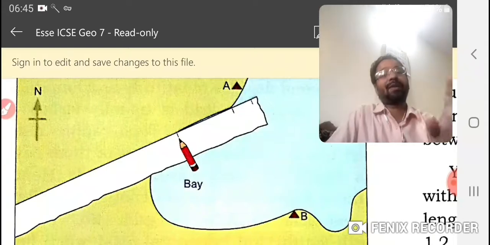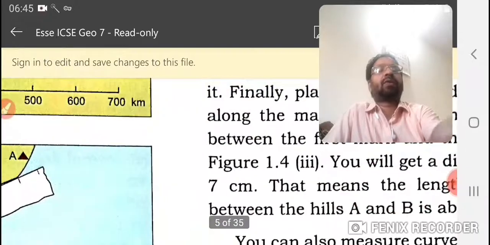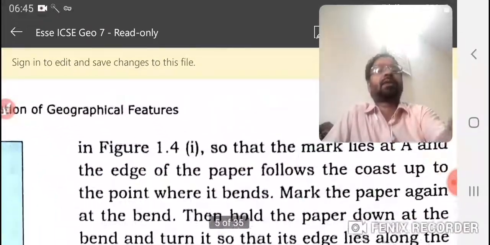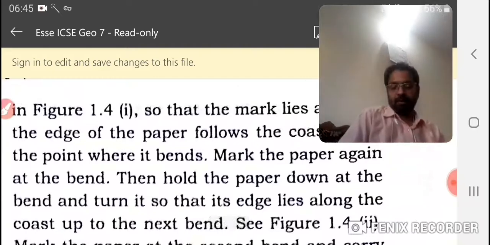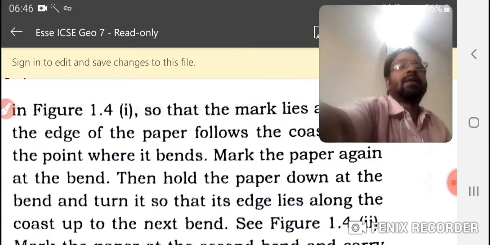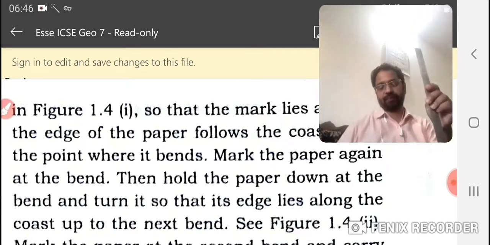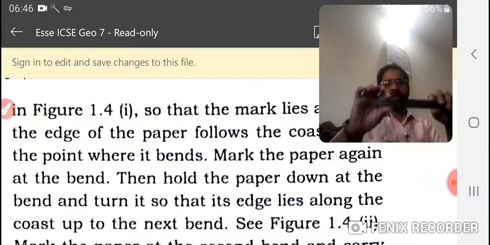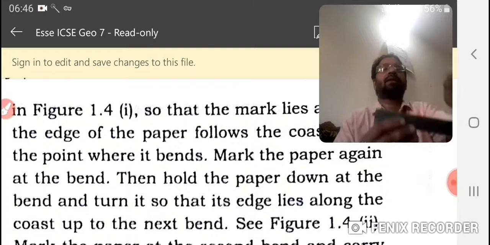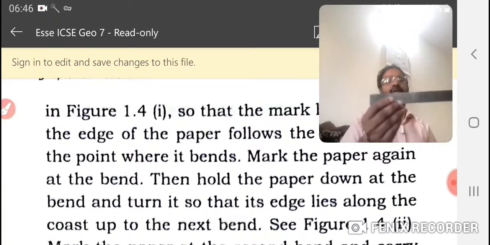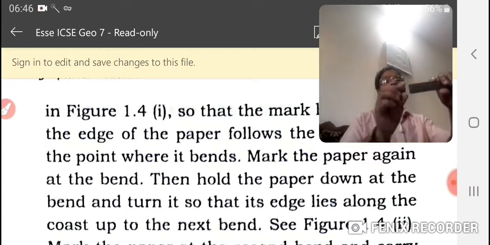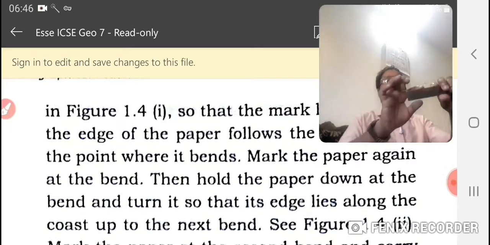And now measuring distance. We are going to learn measuring distance. You can use a scale to measure the distance. First thing, we can use a scale. By using the scale, we have to take the measurement of the figure, from point A to point B. What is the distance?